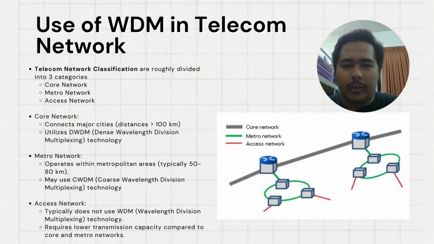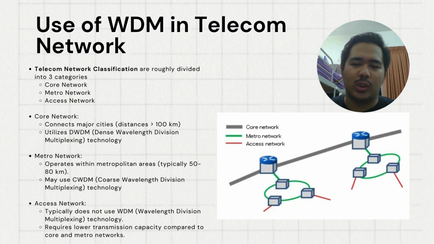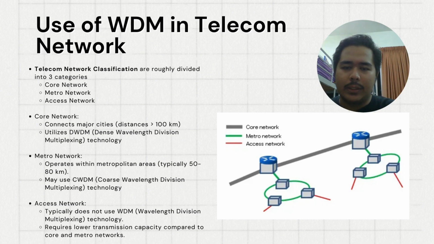For the use of WDM in telecom, network classifications are roughly divided into three categories. The first is the core network. The core network connects major cities with distances over 100 kilometers, and it utilizes DWDM, or dense wavelength division multiplexing, technology. The second category is the metro network.